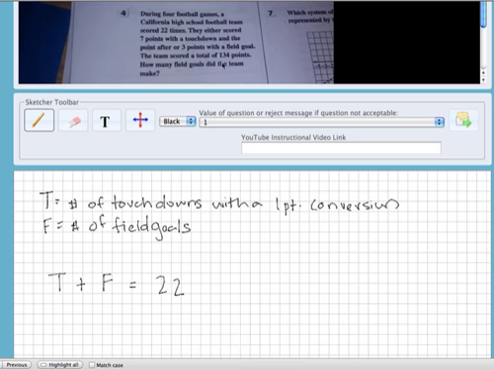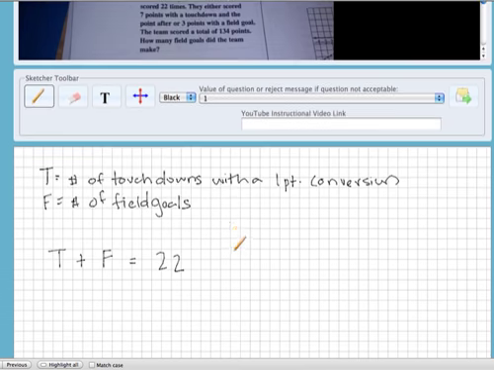And it looks like they also scored 134 points. Well, if you have a touchdown with the 1-point conversion, you have 7 points. So 7 points times the number of touchdowns plus 3 points times the number of field goals should give us the total points scored during the season. So 7T plus 3F equals 134.